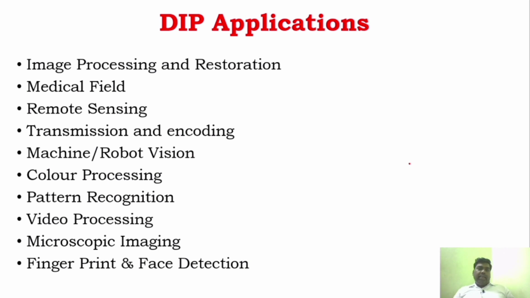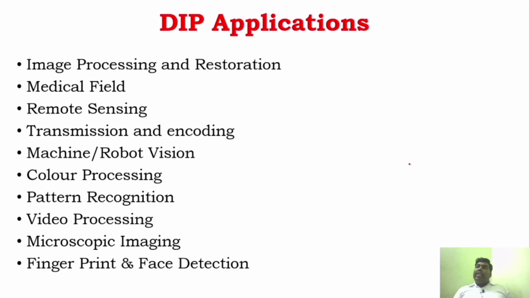We will see the syllabus, and before that we will see what the applications of digital image processing are. As I said, computer vision is just an evolution of digital image processing, correct?